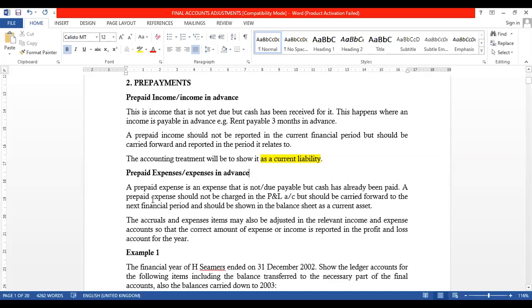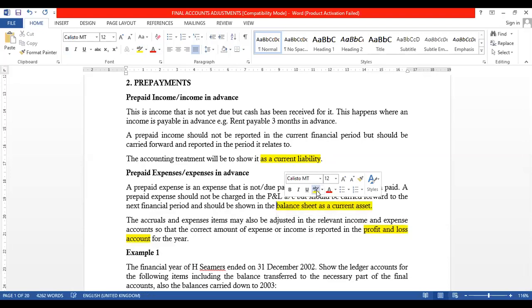And a prepaid expense, you need to again adjust the profit and loss account because you cannot include it as an expense for the current year because you have not utilized it. And again, it must be shown in the balance sheet as a current asset because it is an asset.